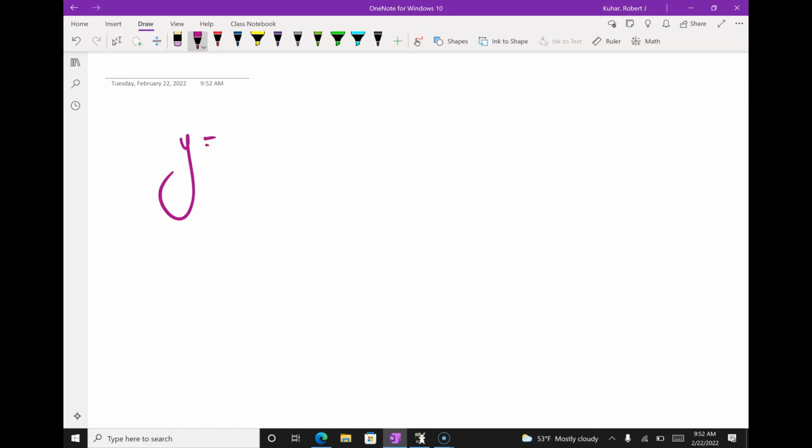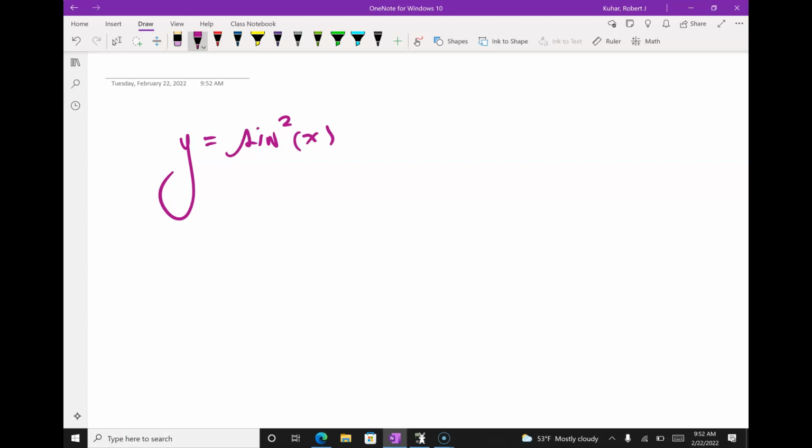So let's do y equals sine squared of x. Once I get my derivative, then I'll decide where I want to do my tangent line, right?